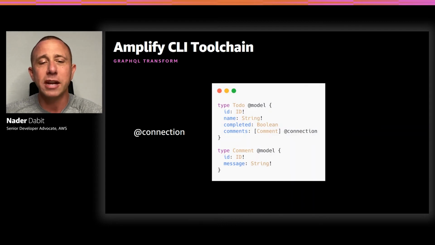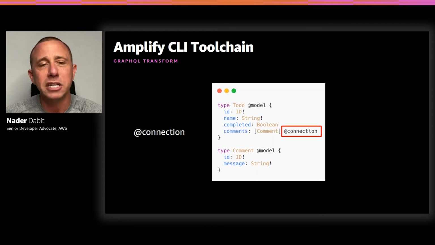The @connection directive, like I mentioned earlier, is a way to add relationships between different types. So in this example, we have a very common scenario where you might have a base type of to-do, or maybe you have a blog post, and you might want to allow people to make comments. Or an example like Facebook or Twitter, you might have a tweet and you want people to be able to make comments there.